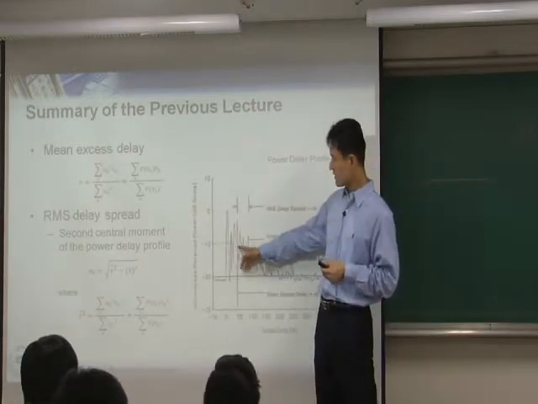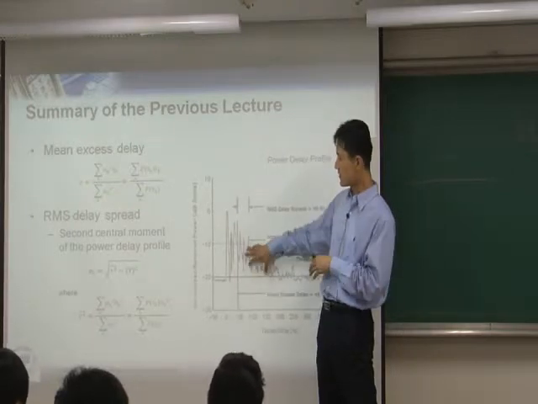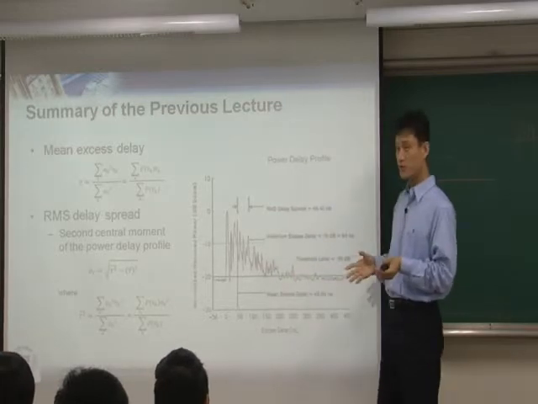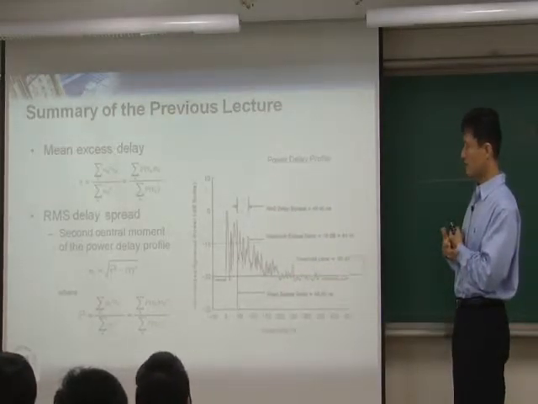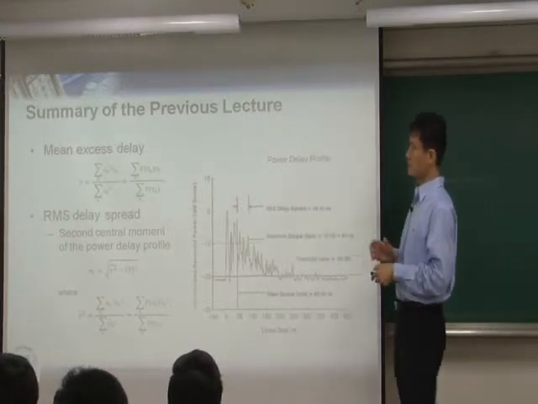In this case, as I said, there are many paths, so how to convert this one to that kind of picture is up to you. If we have time, we can talk about this sometime later. But there's a technique to convert from this one to that.